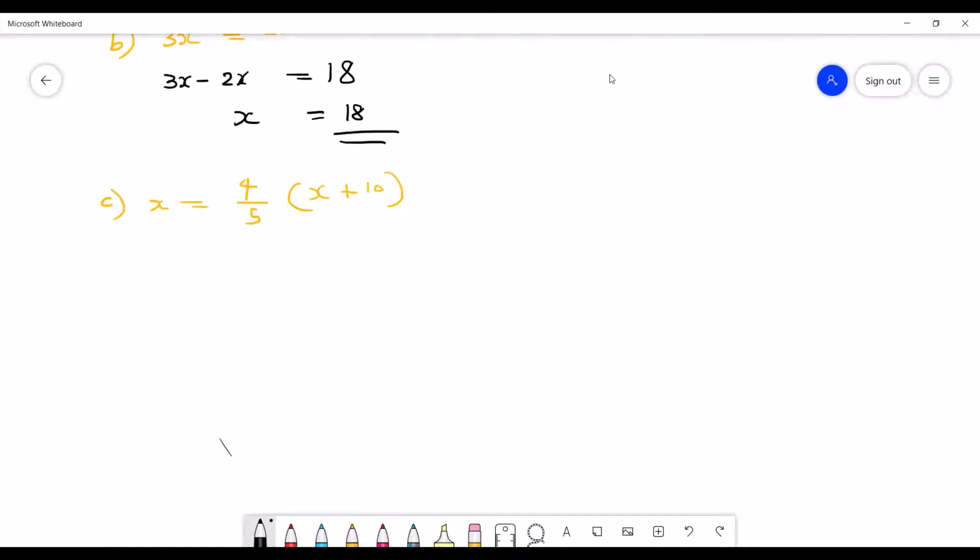Then first of all, let us bring it out of that bracket. So x is equal to, we will multiply x plus 10 with 4 by 5. This will become 4x by 5 plus 4 by 5 into 10, and 5 will go into 10 two times. So here we will get 4x divided by 5 plus 8, 2 into 4 is 8.